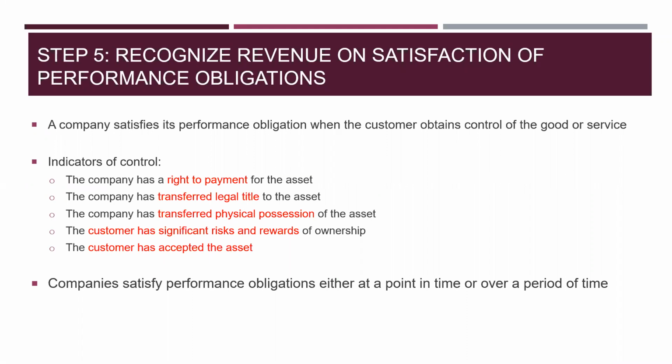If all of these conditions are satisfied, then we deem this to be the control. The control has passed to the customer, which means the seller can now go ahead and recognize the revenue.